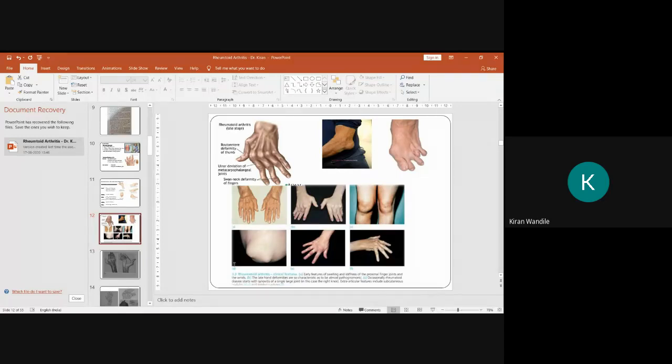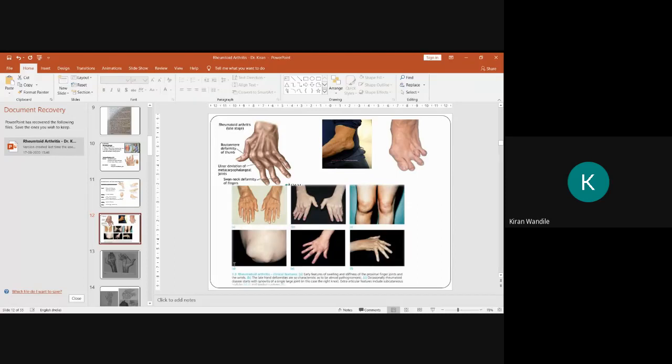In the second picture, you can see the olecranon bursitis. Then, in the third picture of the toe, you can see the hallux valgus and deviation of toes, lateral deviation of the toes.